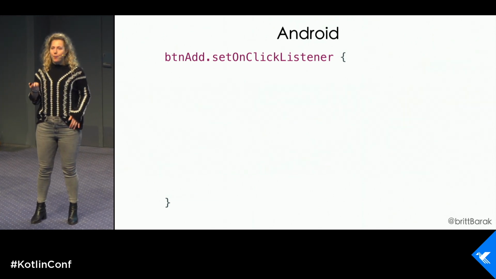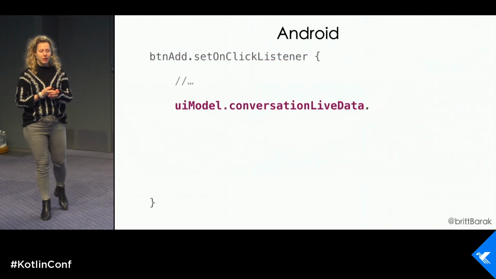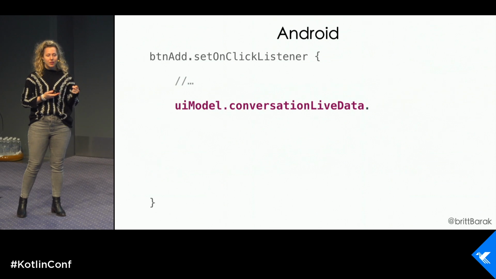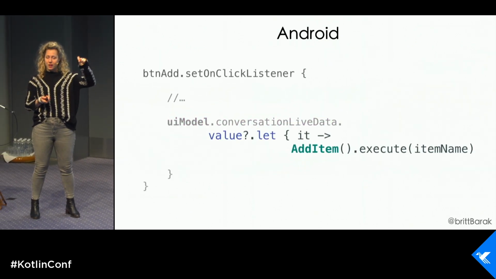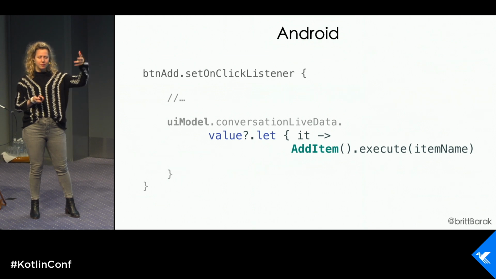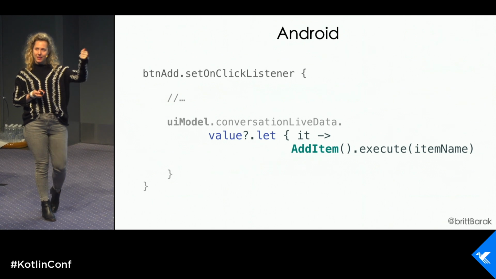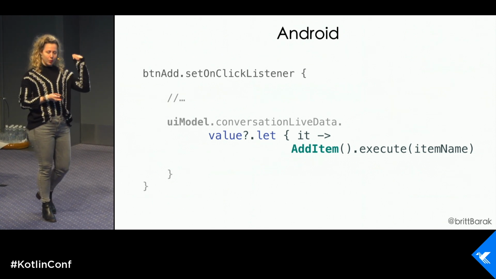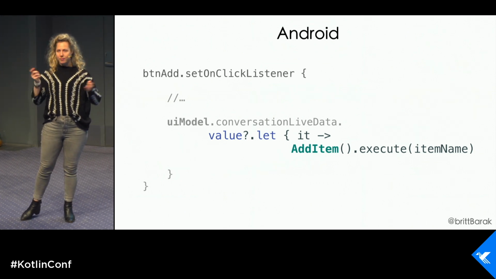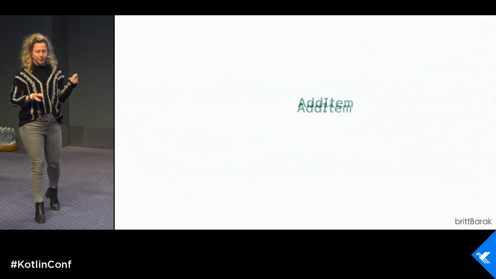We'll have a button to add a new item, and I'll set a listener to it, and then inside of it, I will take the UI model that I talked about before, and then execute the add item use case or interactor that I created with this item name, with a new item. So this is how I add a new item that someone created in the application.